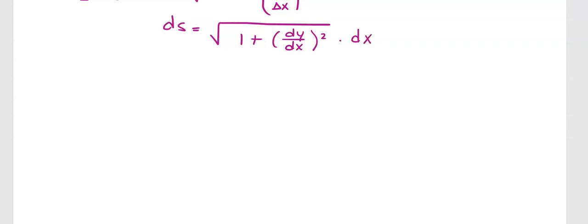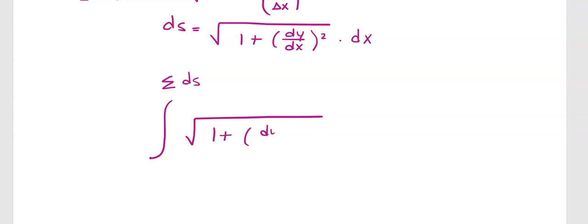And then as we sum all of those pieces together, we would end up with the idea of the integral. The integral would be the addition of all those line segments as the number of points increases. And this is the definition for the arc length.